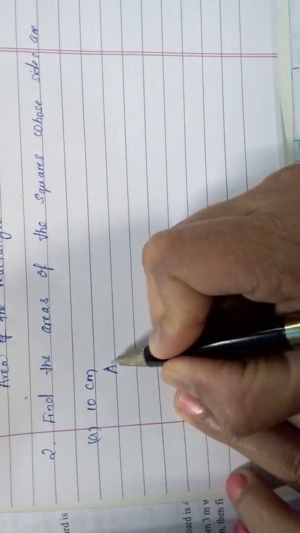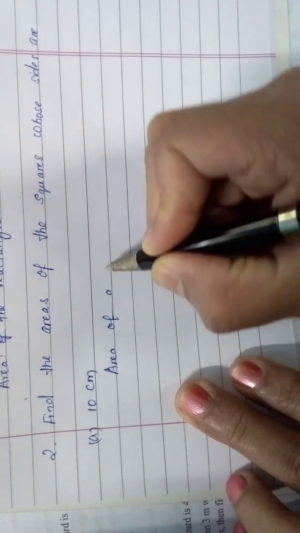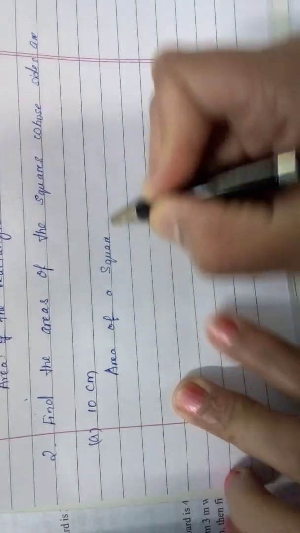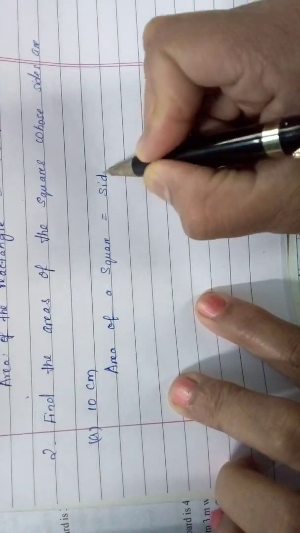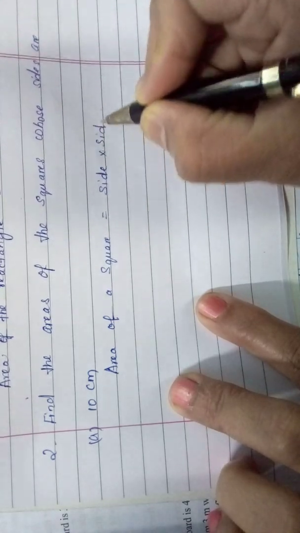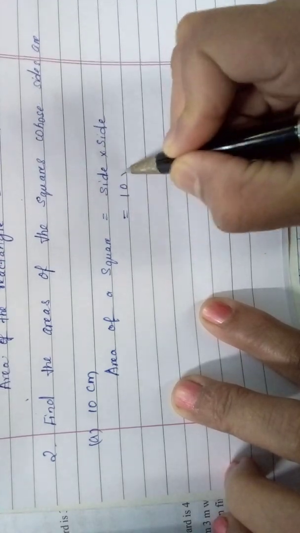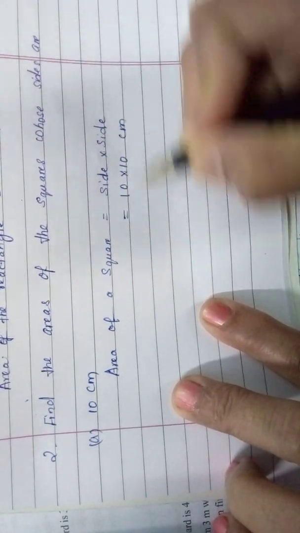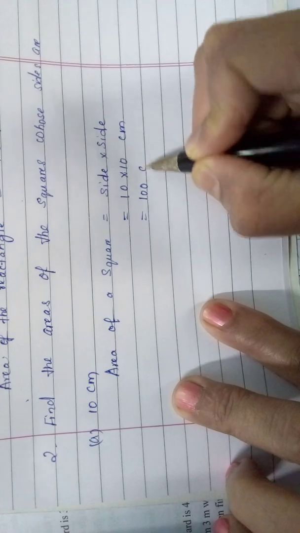Here it is a square, so we will write the formula. We know area of a square is nothing but side into side. What is the side given here? 10 centimeter. That is 10 into 10 centimeter, 10 tens are 100 centimeter.